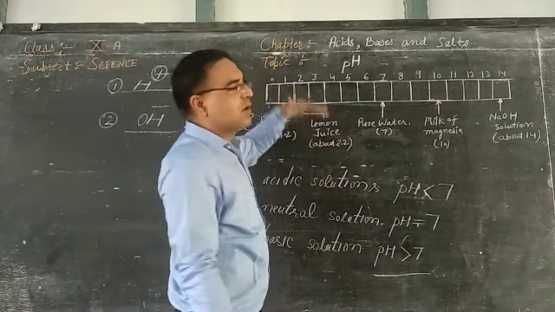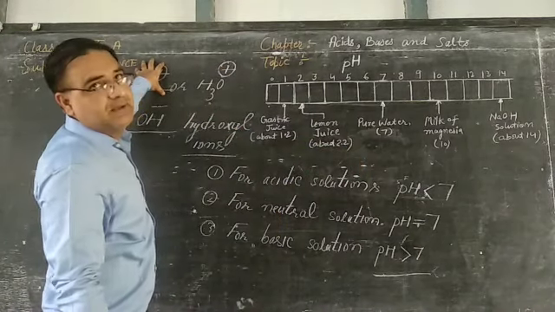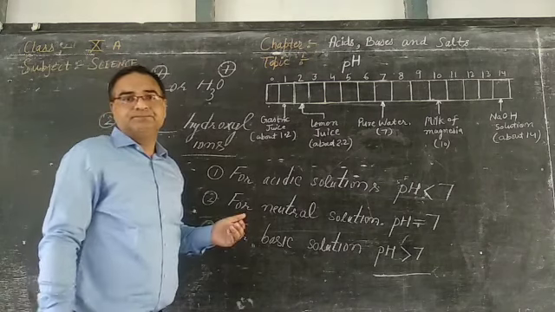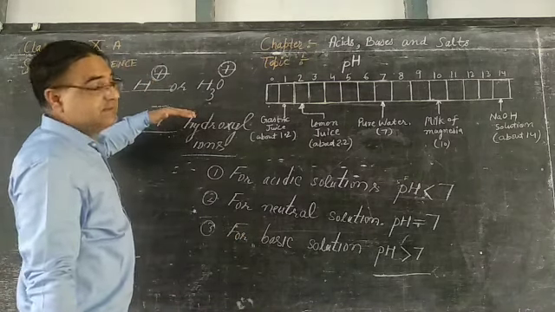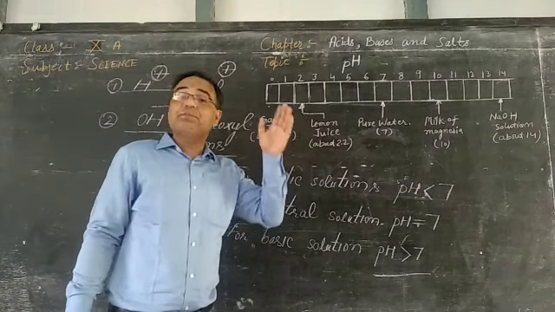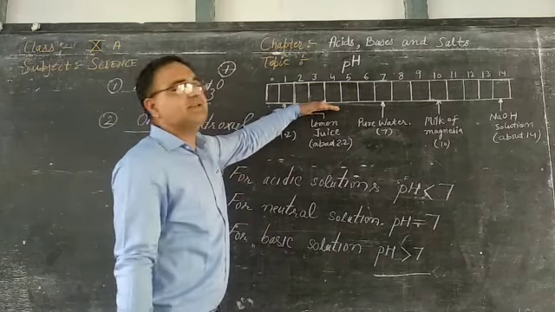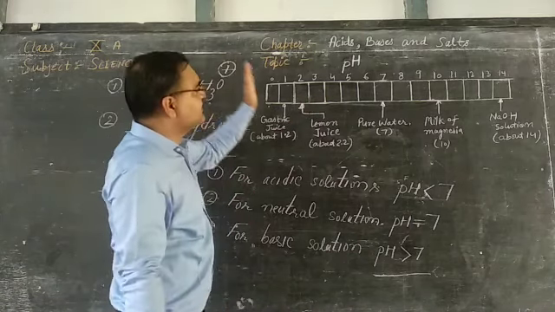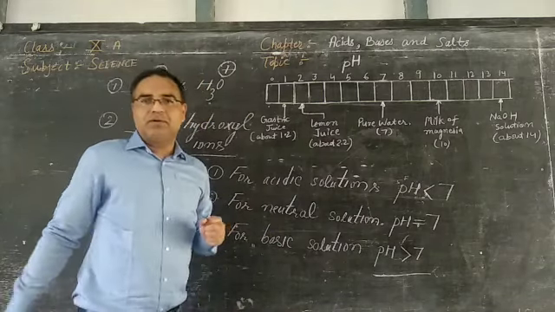In a strongly acidic solution, the H+ ion concentration, the hydronium ion concentration, is more. It means that if the concentration of hydronium ion in a solution is more, the solution's pH value is less.